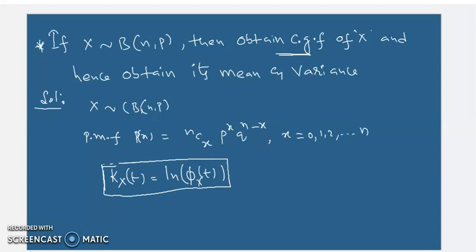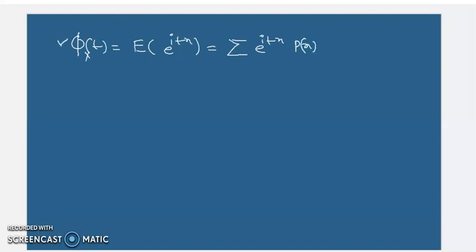To find K_X(t), we need to find first of all φ_X(t). What is the characteristic function formula? That is E of e^(itX). For that we have the direct formula, the summation of e^(itx) into P(x). This is the formula for the characteristic function.